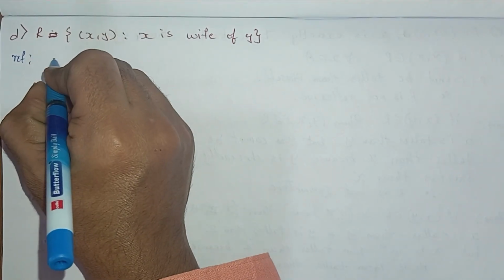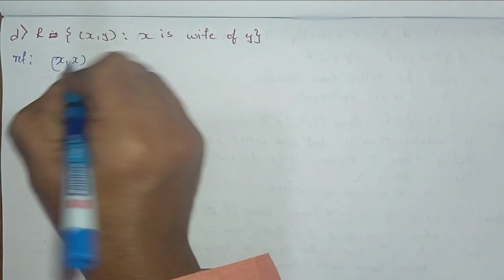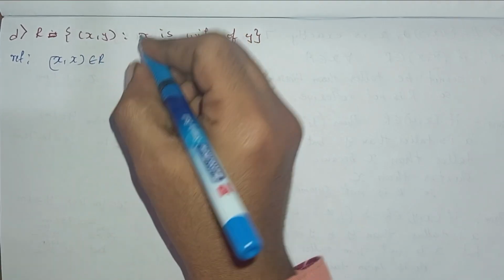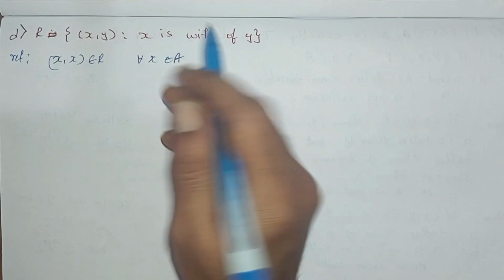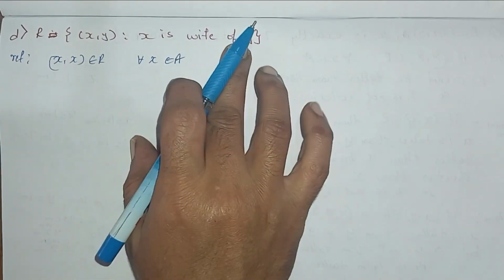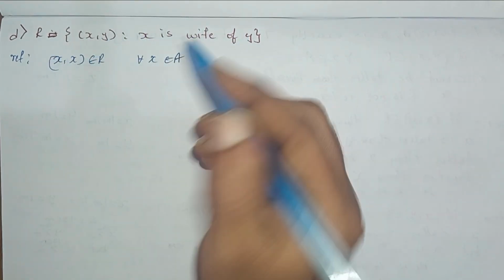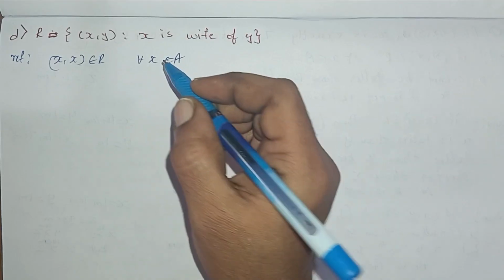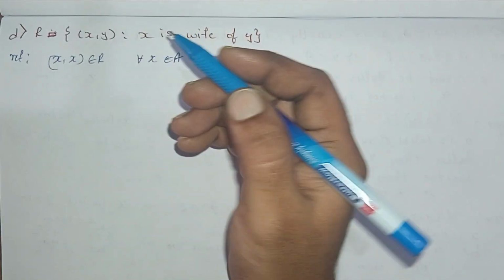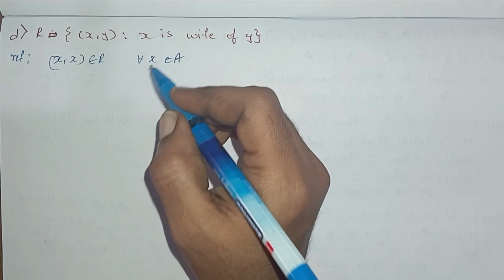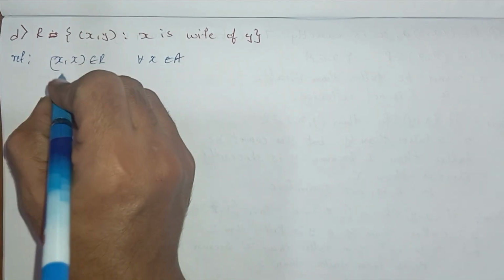So it is x comma x belongs to R for every x belongs to set A. Here they have told that x is a wife of y. X is a wife of x itself? How can x be a wife of x itself? Imagine your mother. Your mother cannot be a wife of herself. So it is not possible.